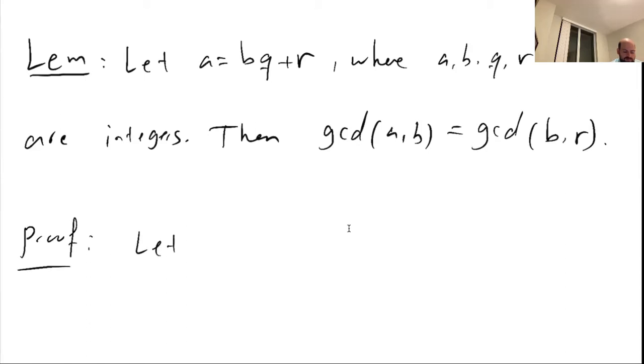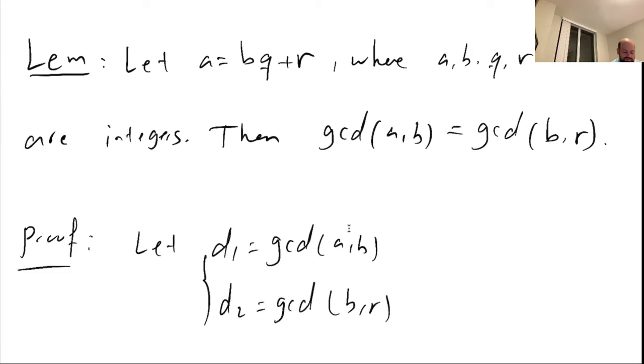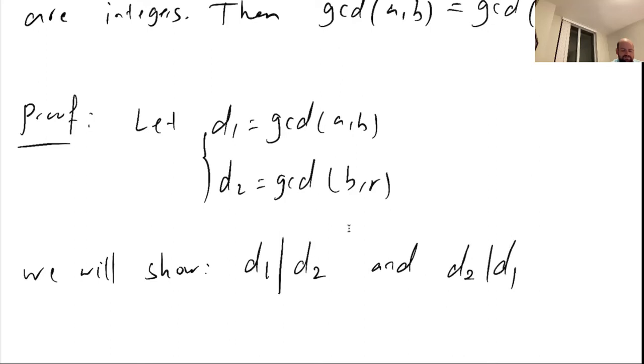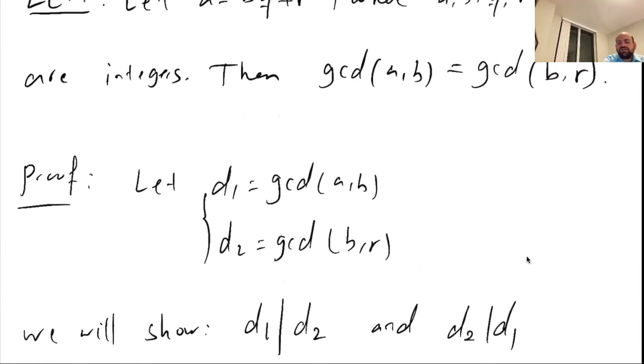Let D1 equal the GCD of A and B. Let's say D2 equals the GCD of B and R. We will show that D1 divides D2 and D2 divides D1. This is a very useful trick that we use in number theory. Let me compare this with the trick that we use in set theory.